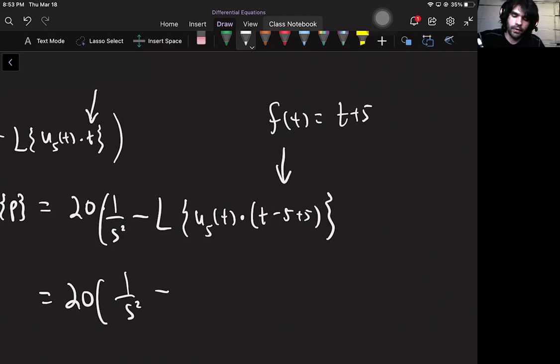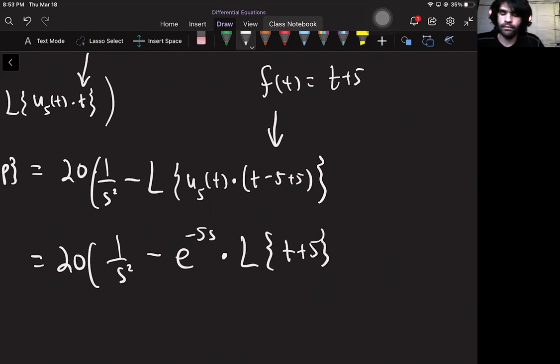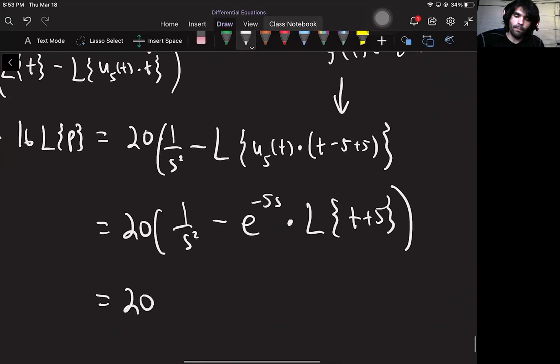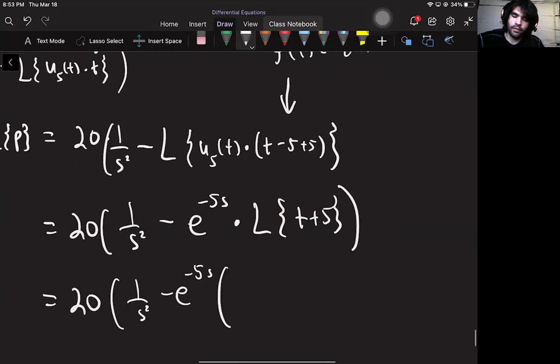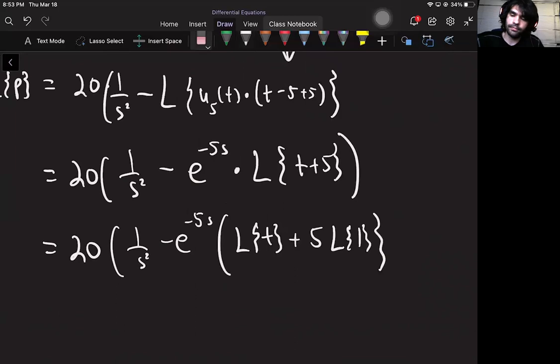So what is this going to be? E to the negative 5s, because it's shifting by 5, times the Laplace transform of t plus 5, because that's the function that's being shifted over by 5 to the right. And that we can figure out because it's just going to be the Laplace transform of t plus the Laplace transform of 1.